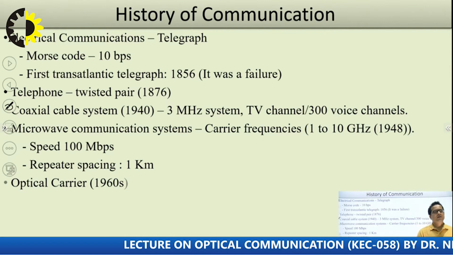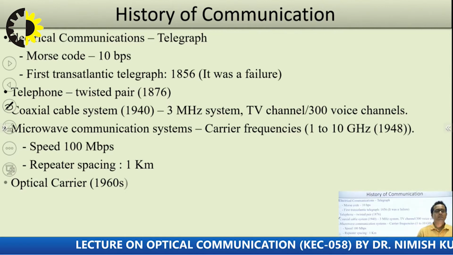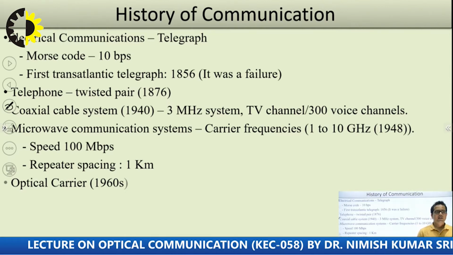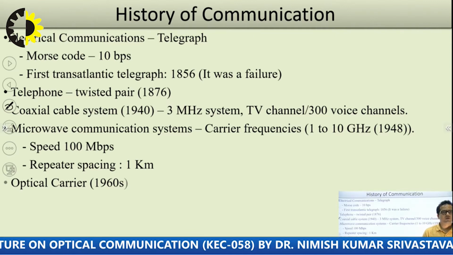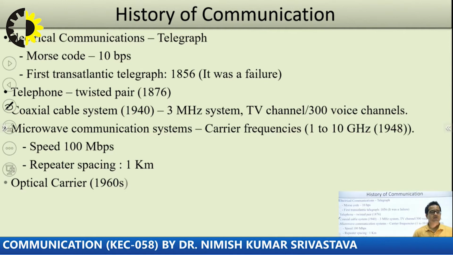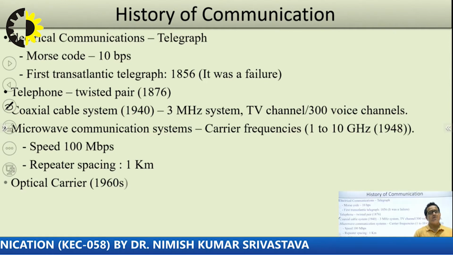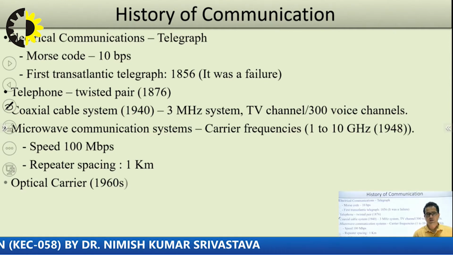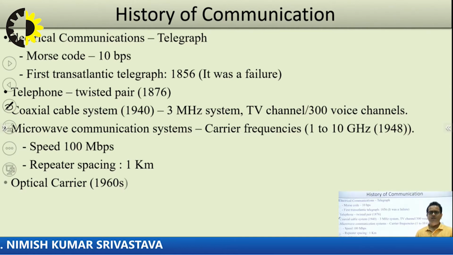After this, because of the demand for more and more bandwidth, there came another mode of communication, called microwave communications. In microwave communications, the frequency is above 1 gigahertz, basically ranging from 1 to 10 gigahertz of carrier frequency.